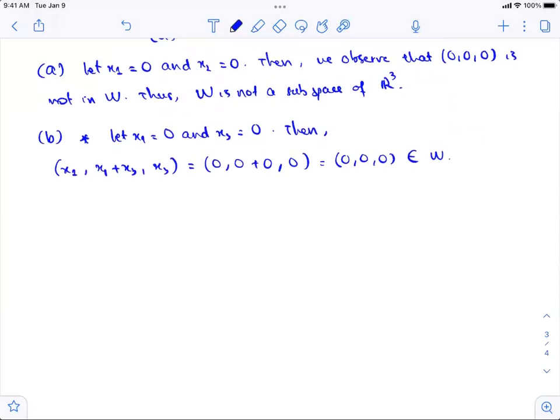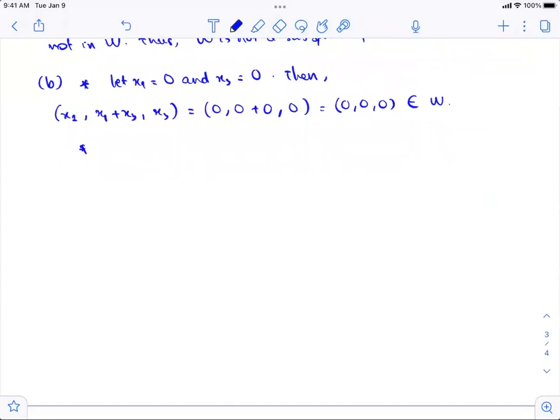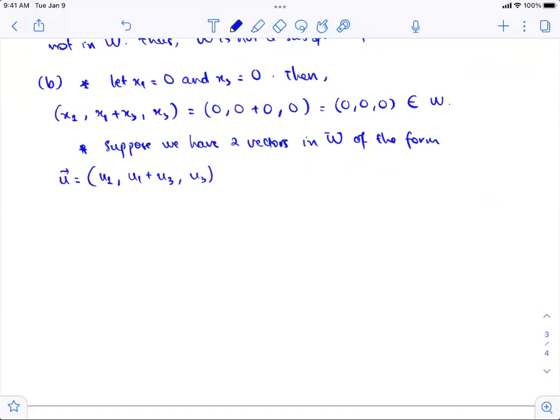Now move on to the second condition, that W needs to be closed under vector addition. Suppose we have two vectors in W: u is of the form (u1, u1 + u3, u3), and v is of the form (v1, v1 + v3, v3).